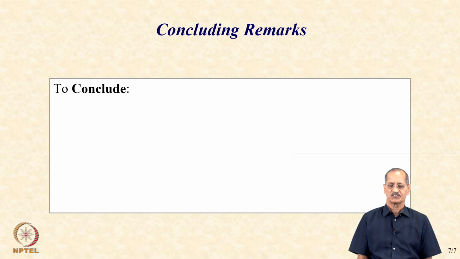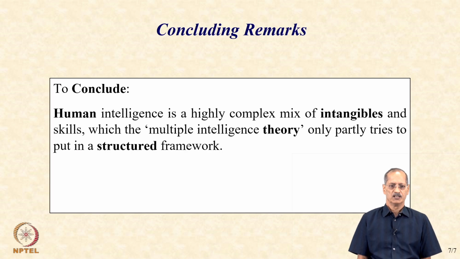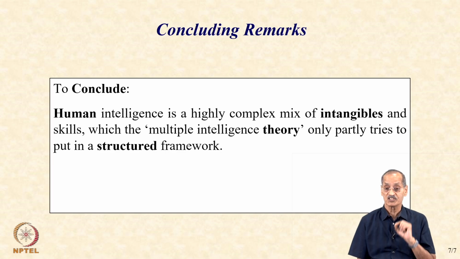So, to conclude this segment, human intelligence is a highly complex mix of intangibles, please note, something which cannot be quantified or captured, and skills, which the multiple intelligence theory and the 9 aspects that we saw only partly try to put in a structured framework. It is not doing full justice. There will be many more things that will come up in future and which will keep on augmenting these. We will come up with newer and newer versions of intelligence.